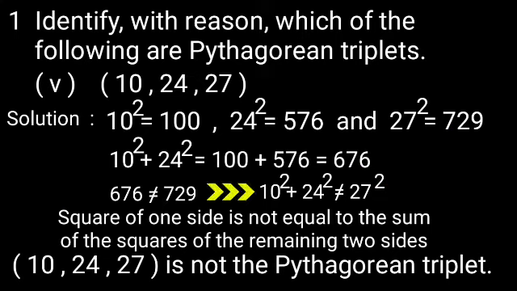Hence 10 square plus 24 square is not equal to 27 square. Square of one side is not equal to the sum of the squares of the remaining two sides. Hence 10, 24, 27 is not a Pythagorean triplet.